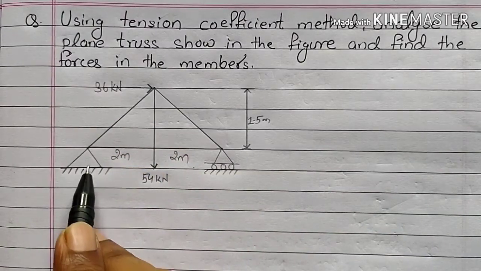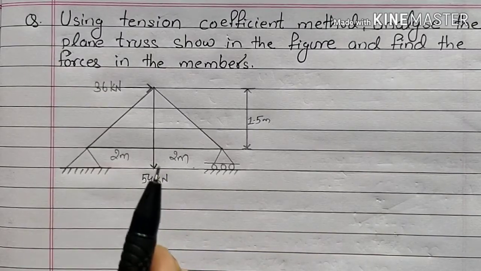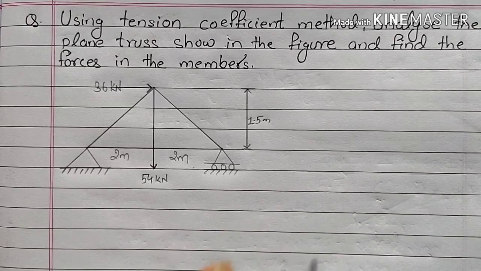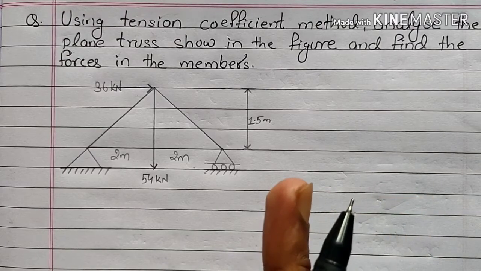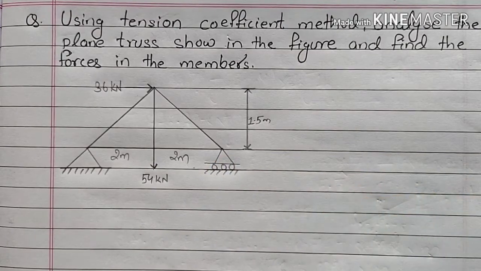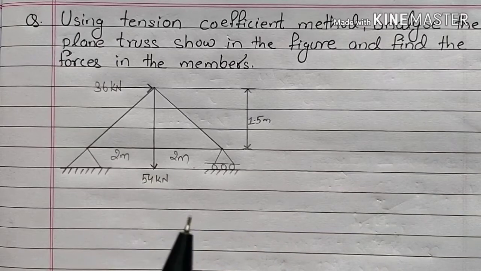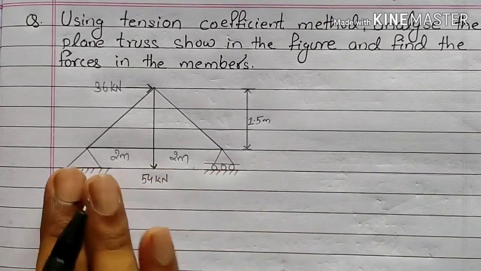As you can see, our truss is supported on both the ends, so it is not a cantilever truss, as cantilever trusses are those whose one end is fixed and the other end is freely hanging, and here we have support on both ends. So this is not a cantilever truss. So we need to begin by finding the reaction at both the ends.